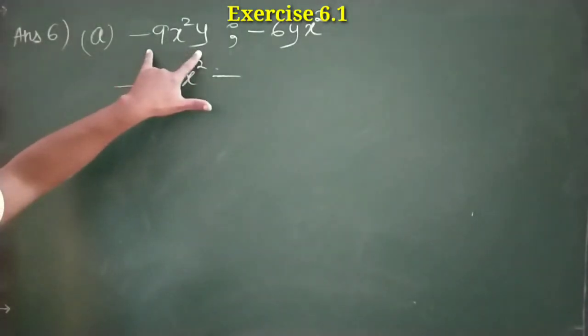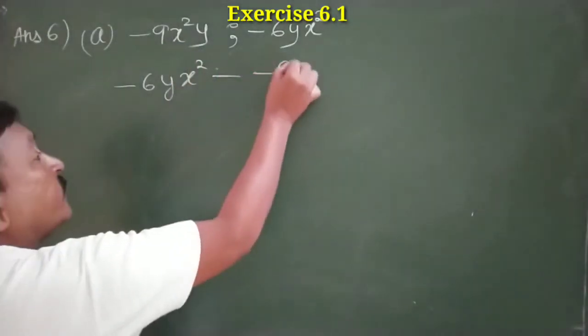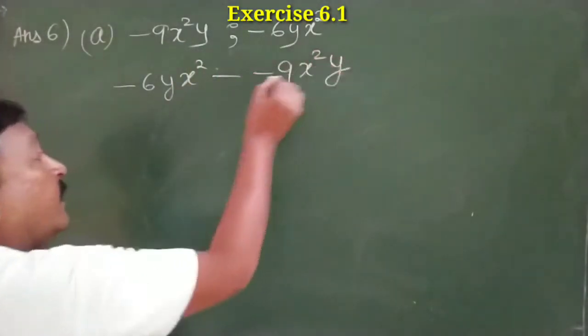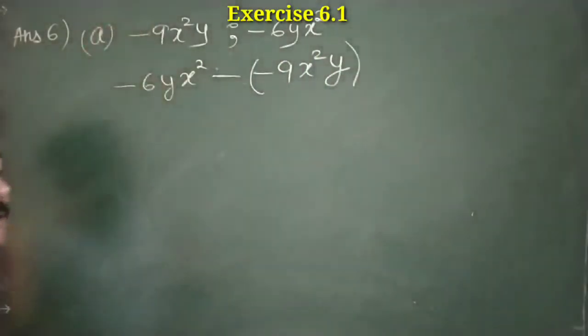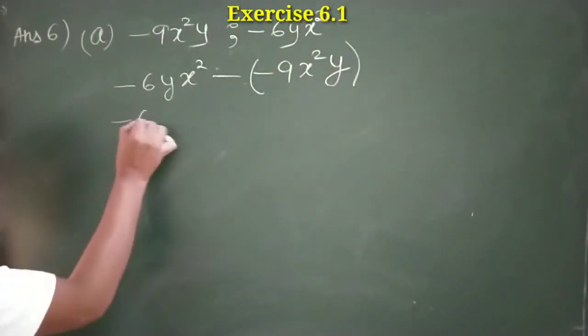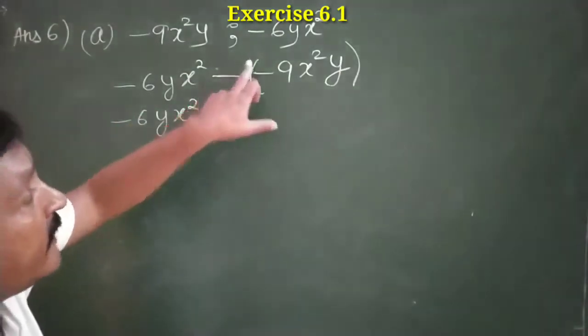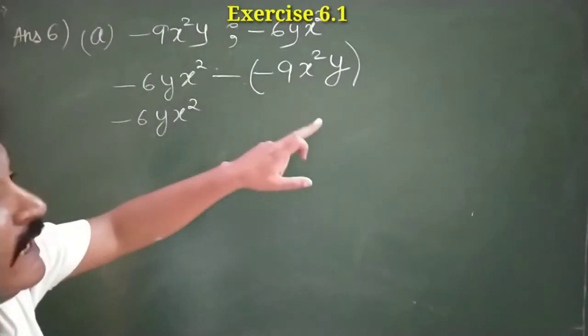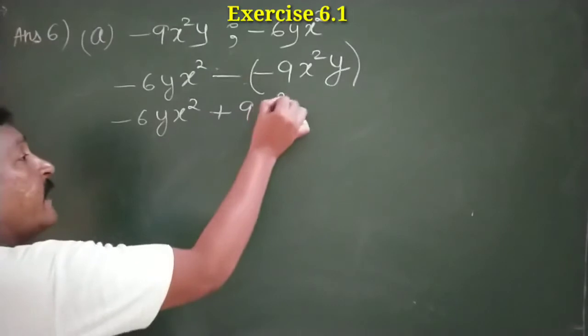See this first polynomial. If you see the first polynomial, it is already negative, meaning minus 9x square y. Two symbols cannot come together, so we have to put one bracket. Is it clear? Minus 6yx square. In case of a minus sign, when the bracket opens, it will change the sign, okay? So minus minus plus 9x square y.